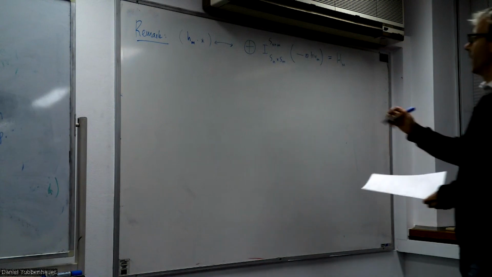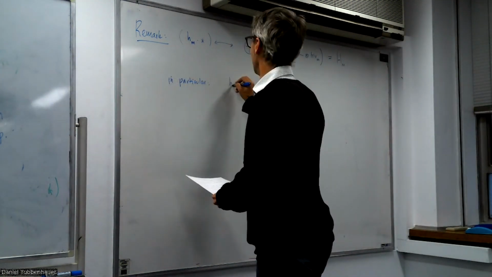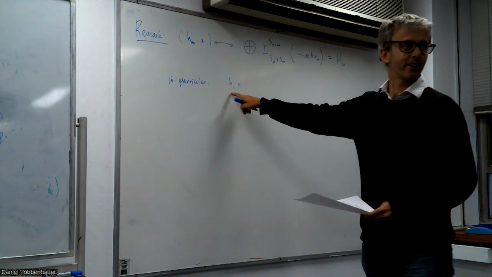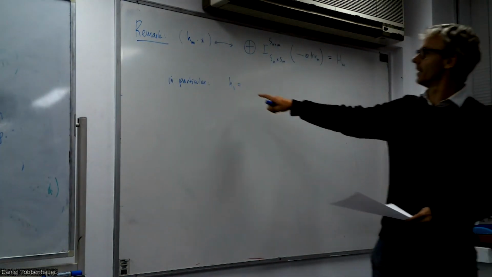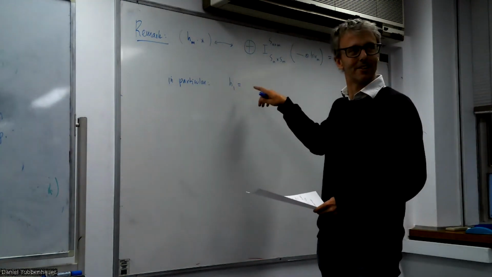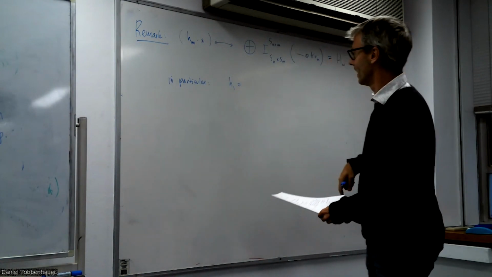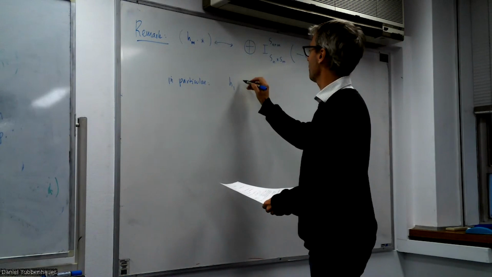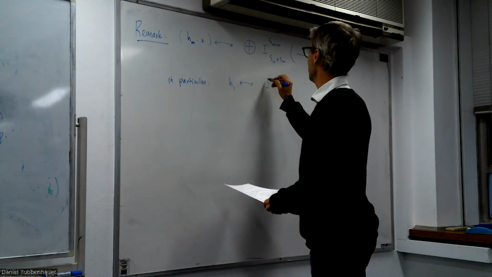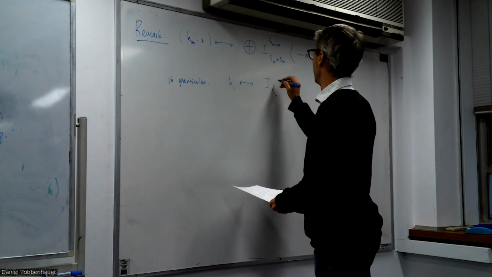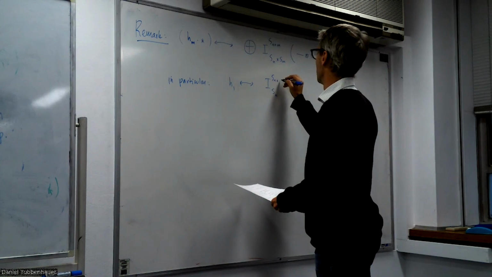And in particular, H1, which is this innocent little operator, just the symmetric function x1 plus x2 plus and so on, very innocent guy. This corresponds to induction from Sn to Sn plus 1.